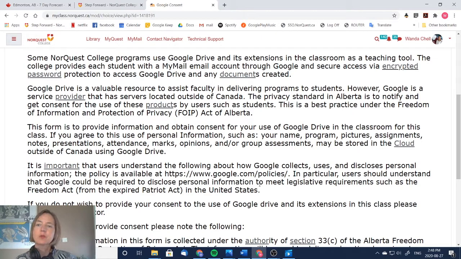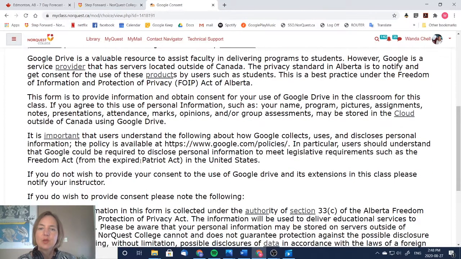I also want to remind you that your information is encrypted or protected through passwords. And that's why we have secret, strong passwords to protect our sign-in to our Google Drive.